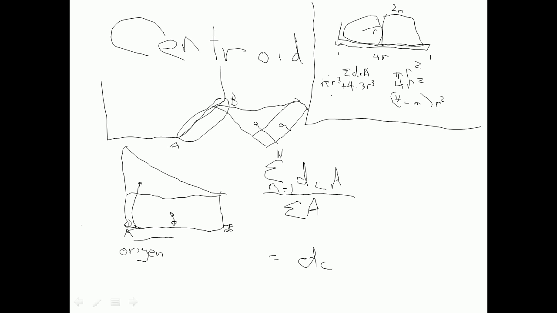What you get here now is 12 plus pi, r cubed, divided by the area, 4 plus pi, r squared, and that's where your centroid ends up.